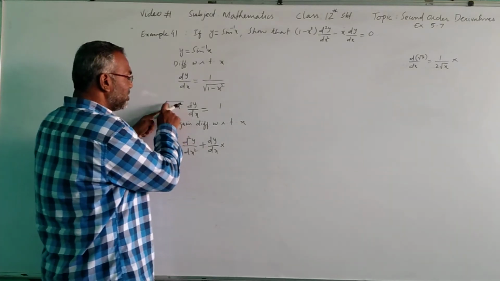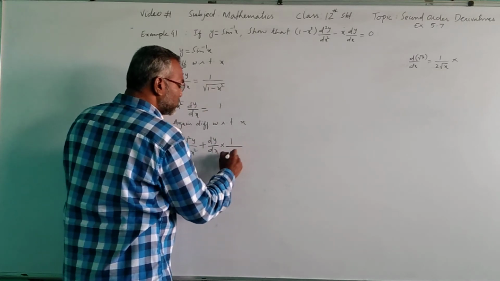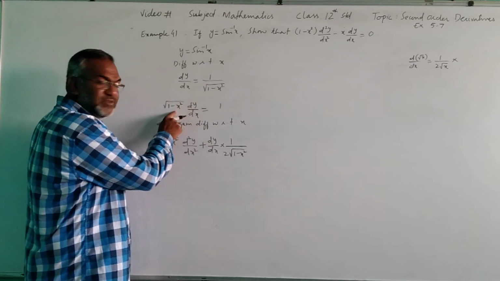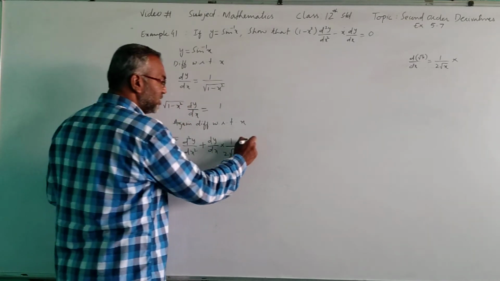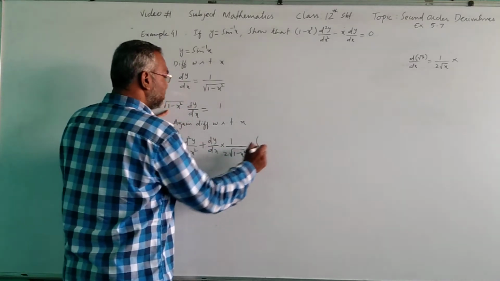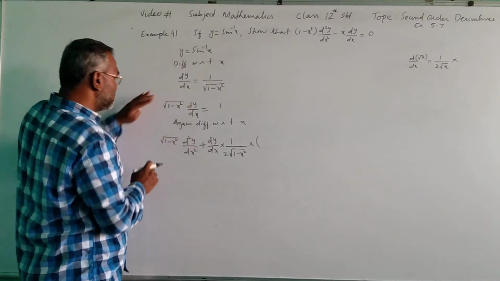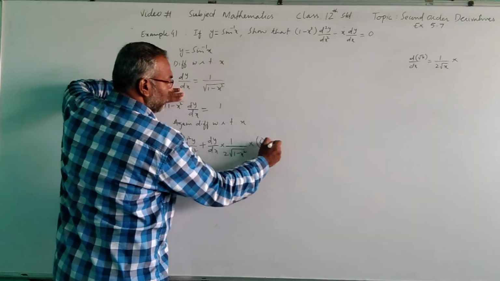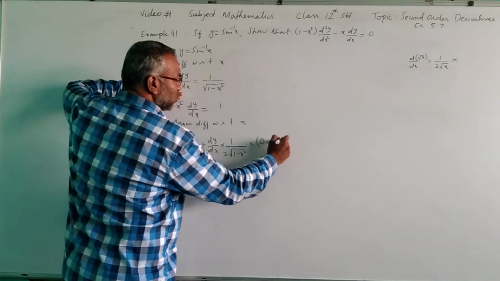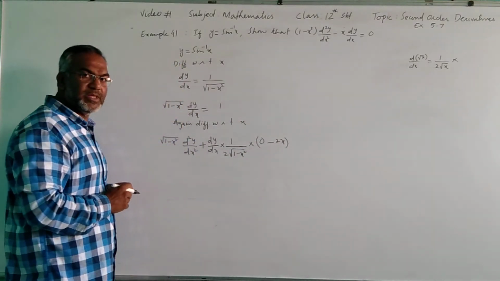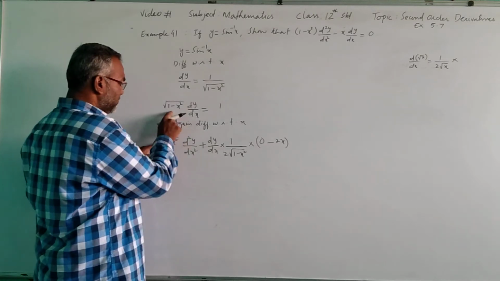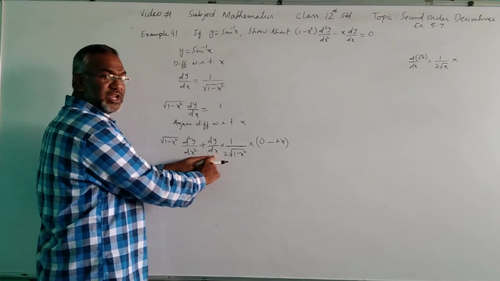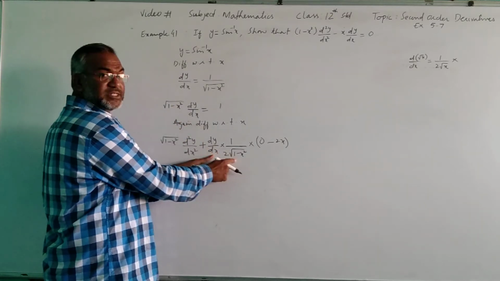So differentiation of this will be 1 by 2 root 1 minus x square, into the differentiation of 1 minus x square without the root. 1 will be 0, minus x square differentiation is 2x.